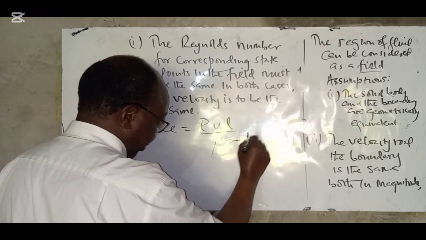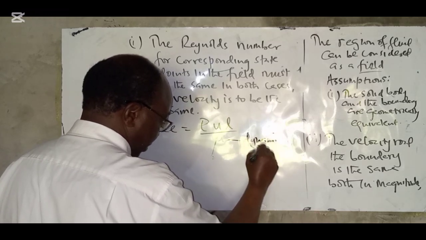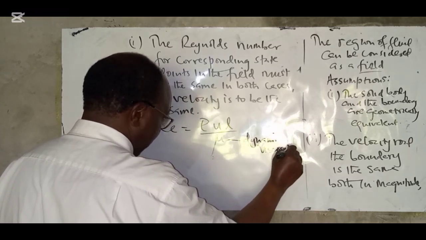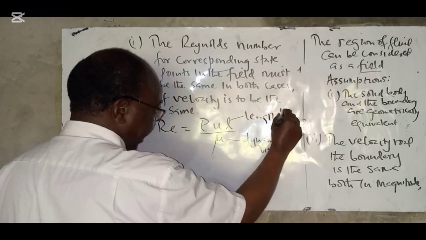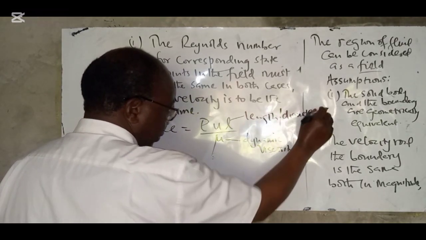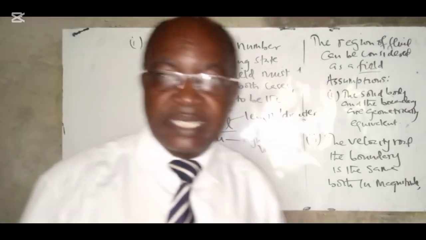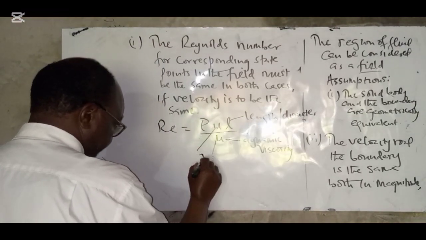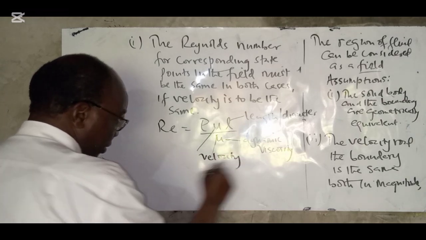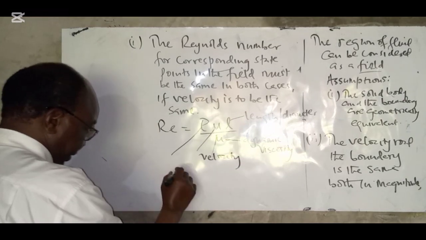That's dynamic viscosity, that's length. It can be diameter. So if we assume that our solid body is a sphere, then we'll be talking of diameter. Then this is velocity. And of course, this is density.